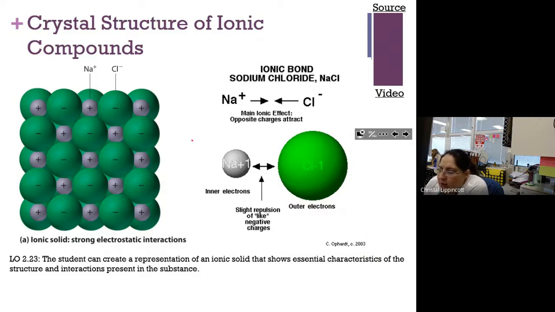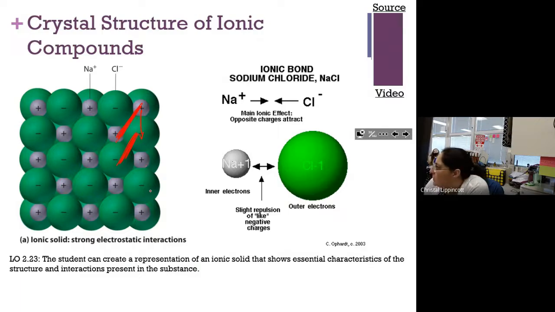When you talk about an ionic compound, you have alternating positives and negatives. That is what's going to hold that together. Now, if you happen to hit this with a hammer, for example, it's going to cause these to shift. That means you're going to have a positive and a positive and a negative coming together.